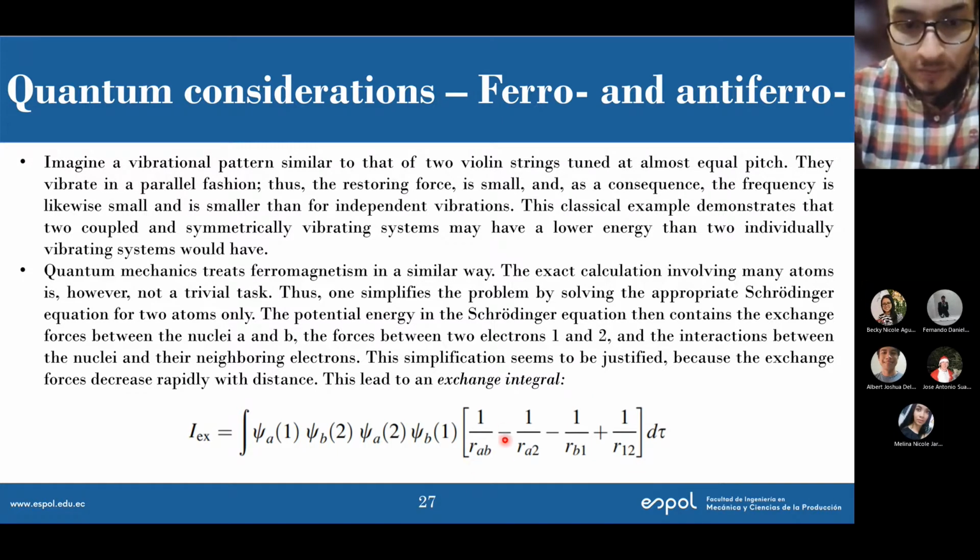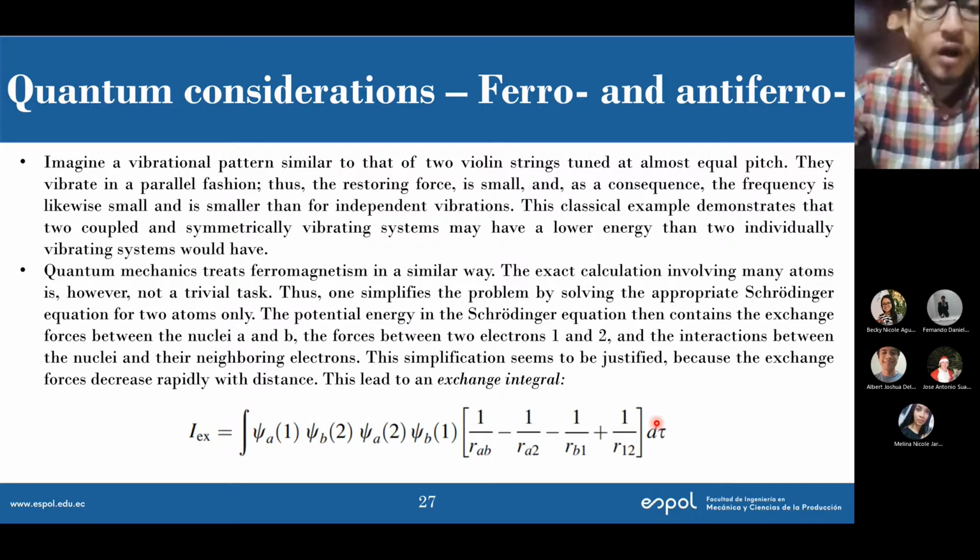So, for example, the distance from nuclei A to nuclei B, the distance from nuclei A to electron 2, the distance from nuclei B to electron 1, and the distance from electron 1 to electron 2. So this is called the exchange integral.